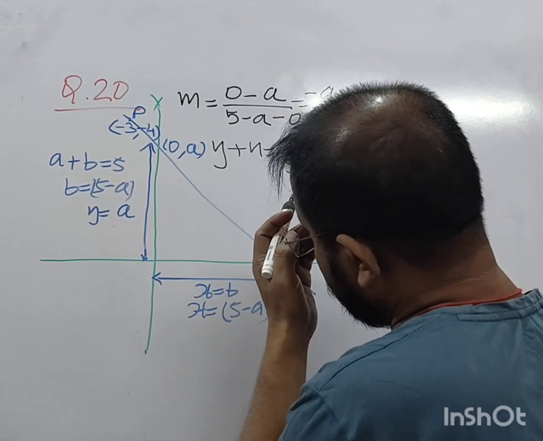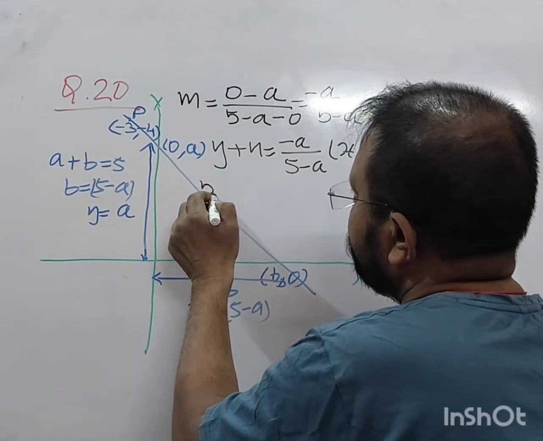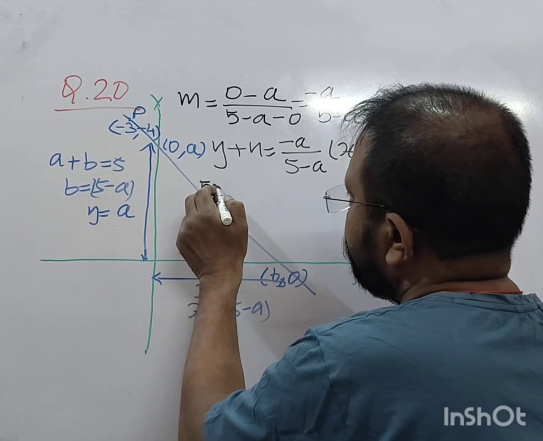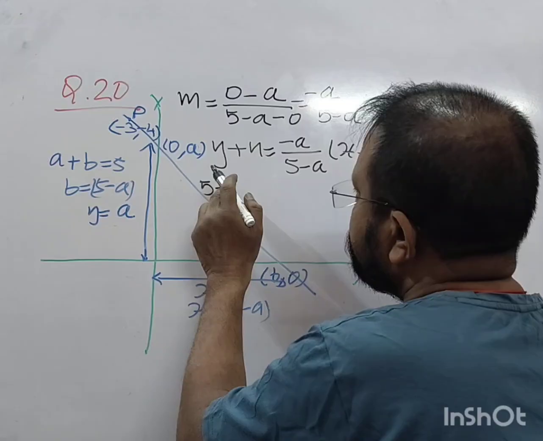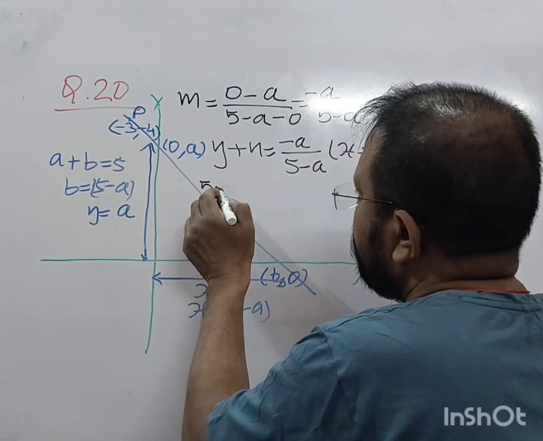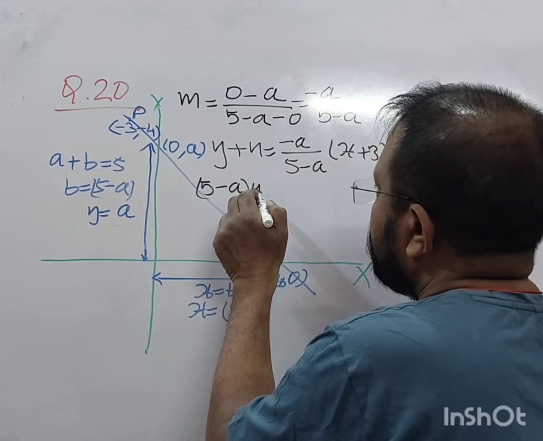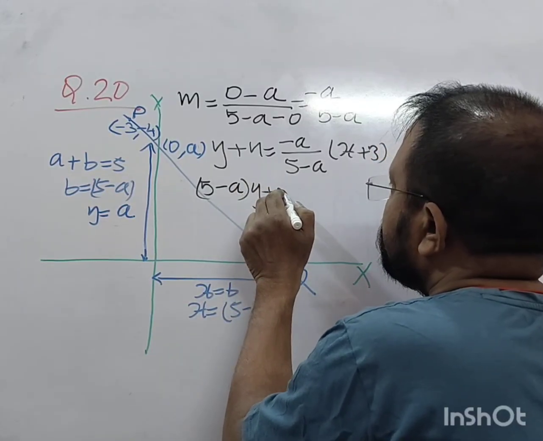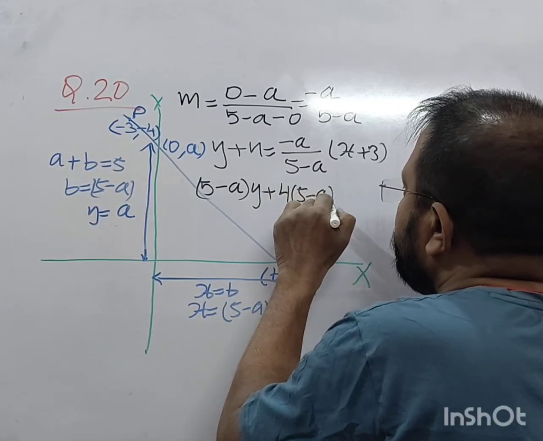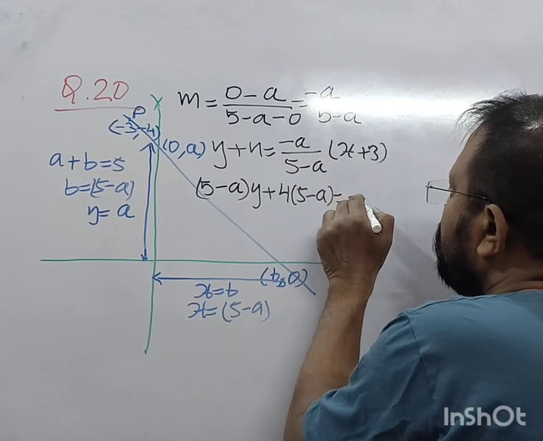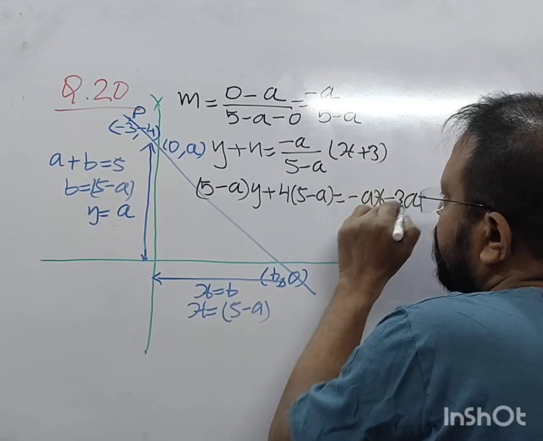So 5 minus A, y plus 4, bracket 5 minus A, is equal to minus Ax minus 3A.